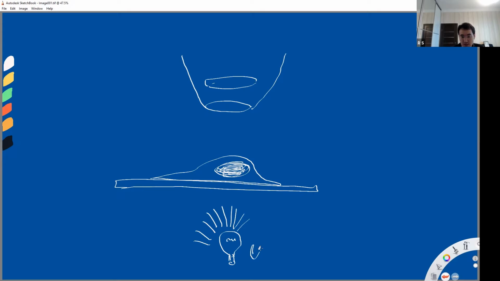So this is the light source. And we assume that the light source is at some distance. So we have parallel light rays that are coming through this sample.